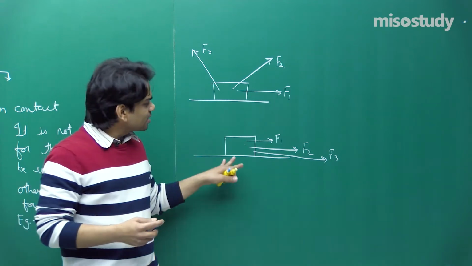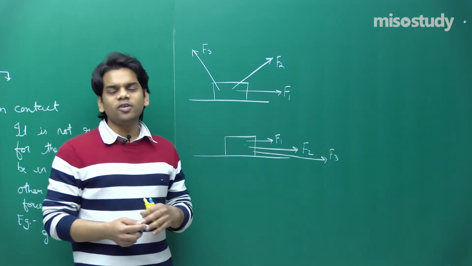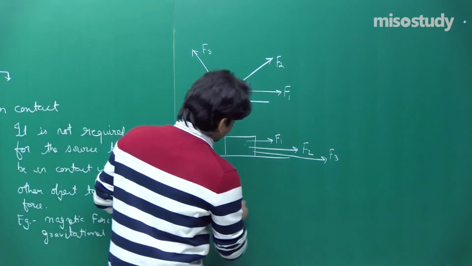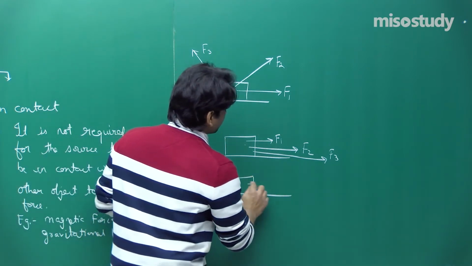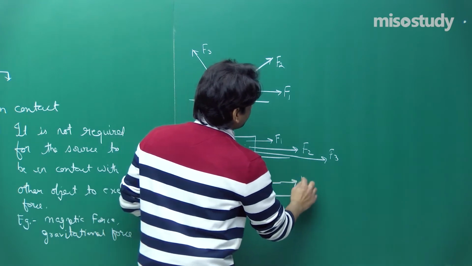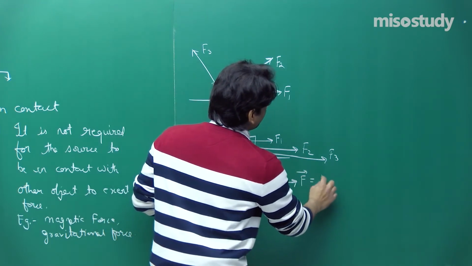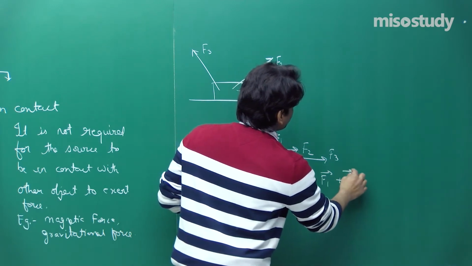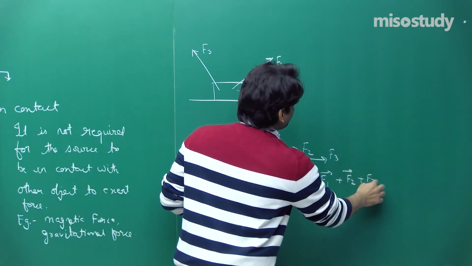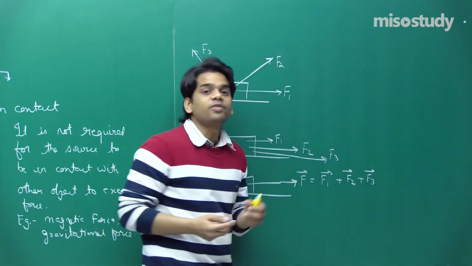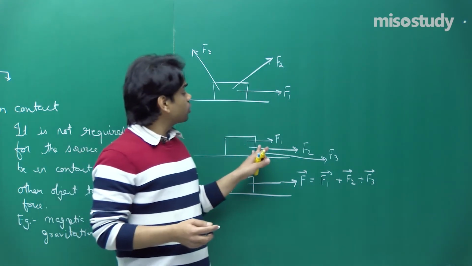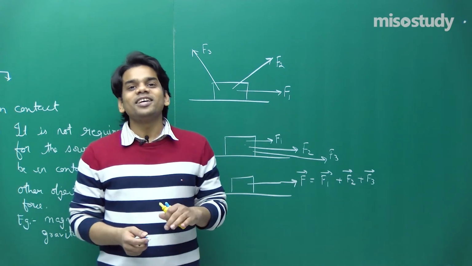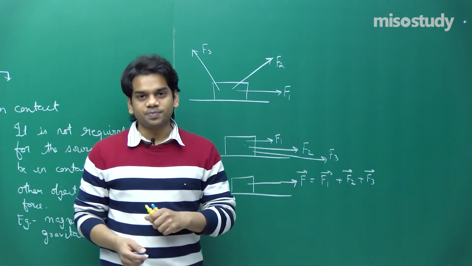So we can say that if we replace all these three forces with one single force, let me call that F, such that this force is the vector sum of all the forces, the same kind of effect will be experienced whether three forces are acting on the object or only one force acts on the object, which is the vector sum of all the three forces.